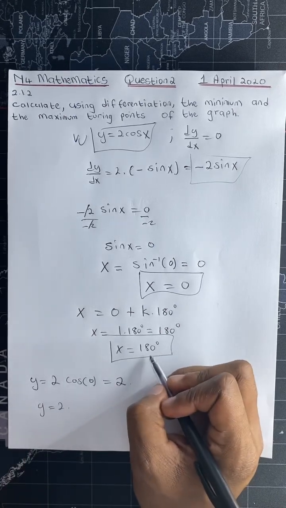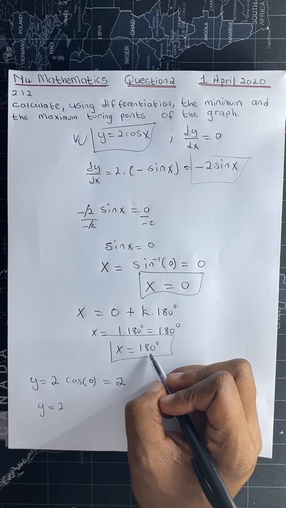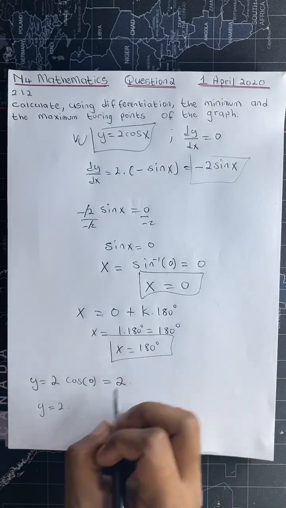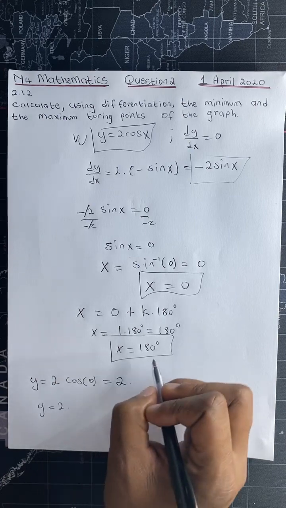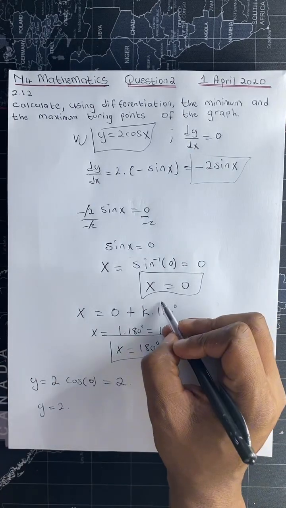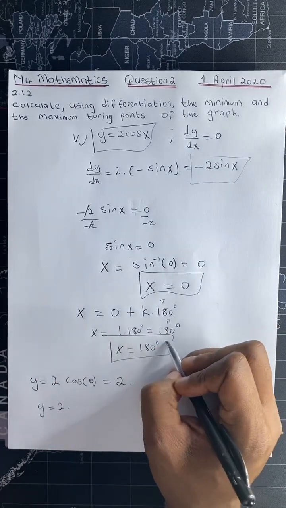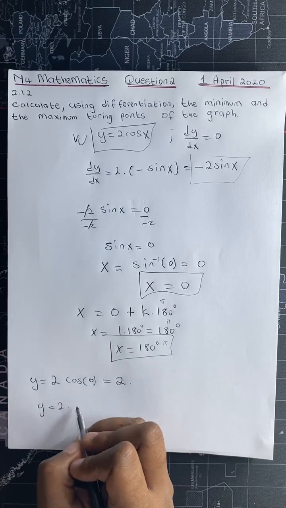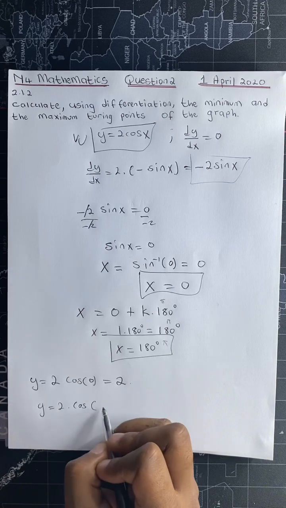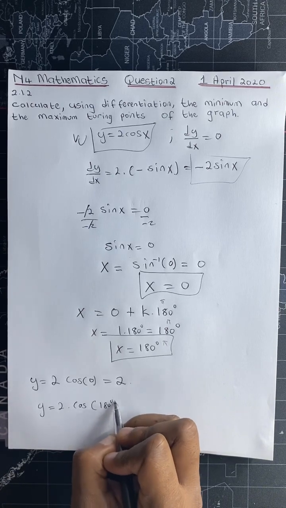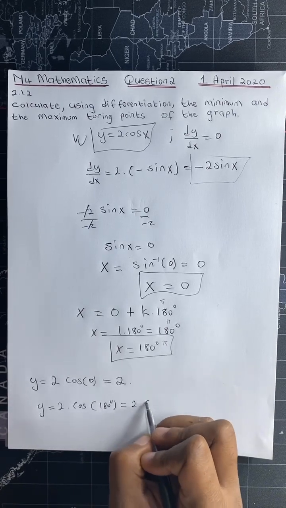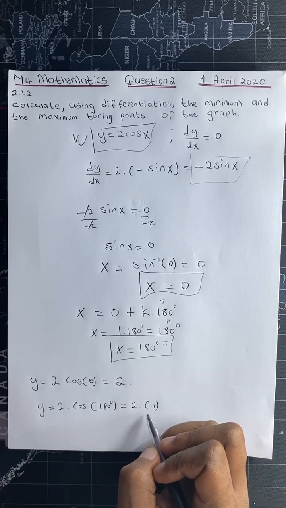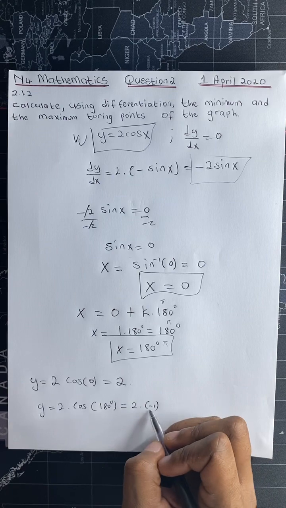So to find the corresponding y value when x is equal to 180 degrees, or when x is equal to pi, we can substitute pi there because pi is also equal to 180. So 2 cos of 180 degrees will be equal to 2 multiplied by negative 1, because cos 180 is equal to negative 1, or cos of pi is equal to negative 1.